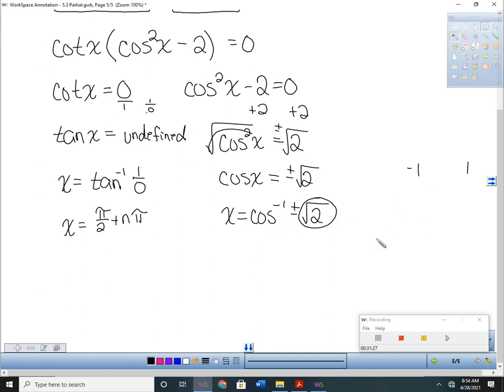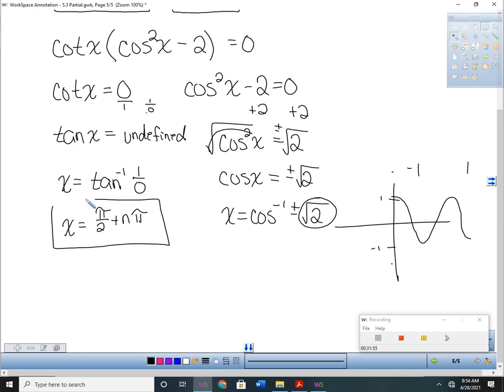And if you think about it, remember when we graphed sine and cosine, it always went like this, right? So this is actually outside of those boundaries for your range. So you don't have any values for that, so your only answer would be pi over 2. Also, in your calculator, you can check yourself.